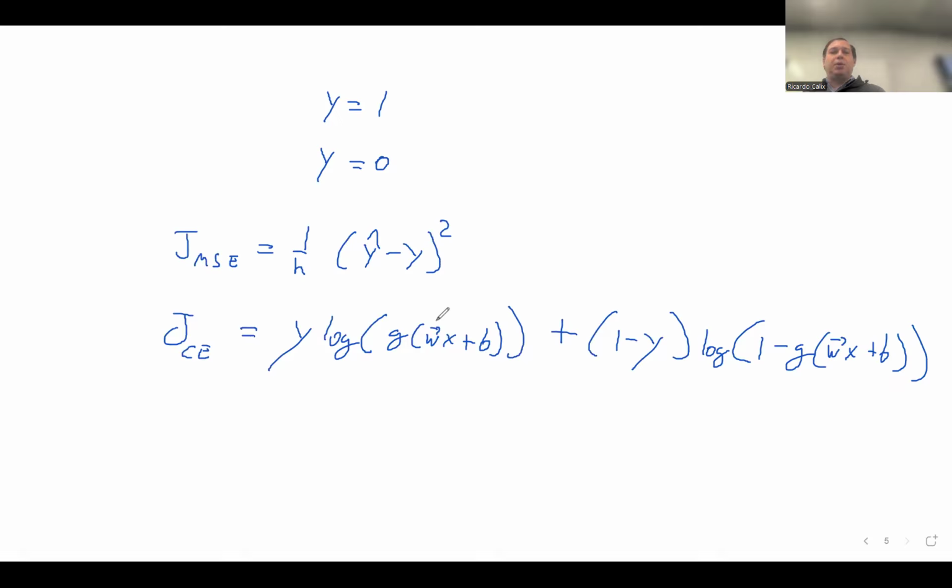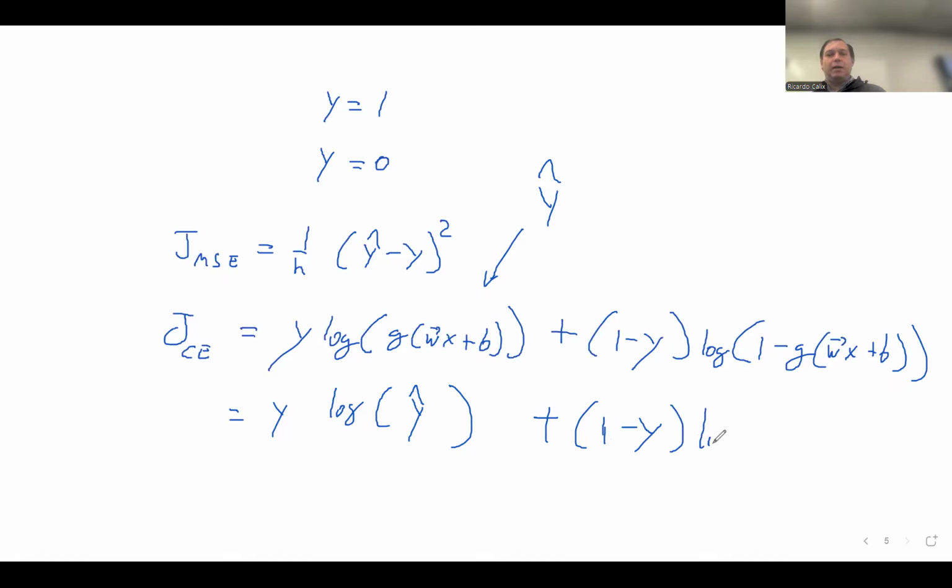So if you notice, I'm plugging in here the inference function, right? So this is what could be y hat, for instance. Another way of writing this would be y log of y hat plus 1 minus y log 1 minus y hat.